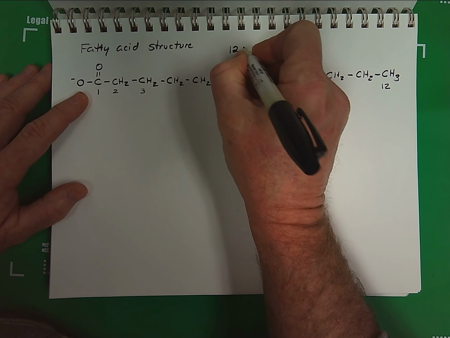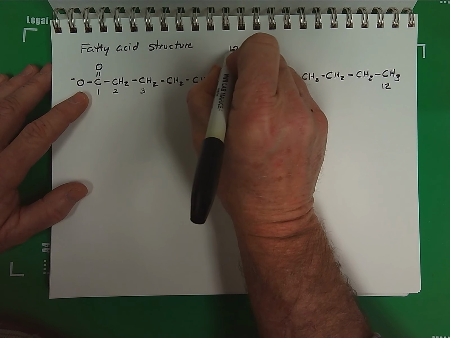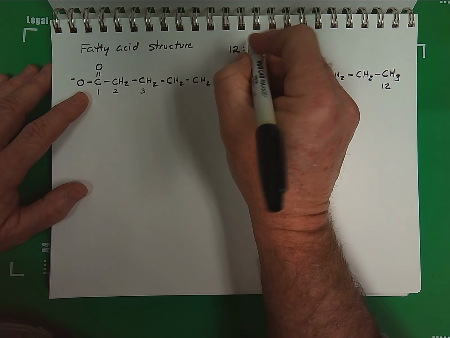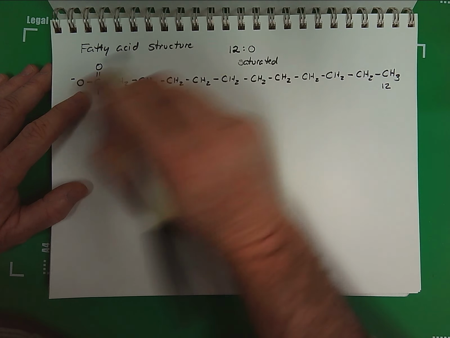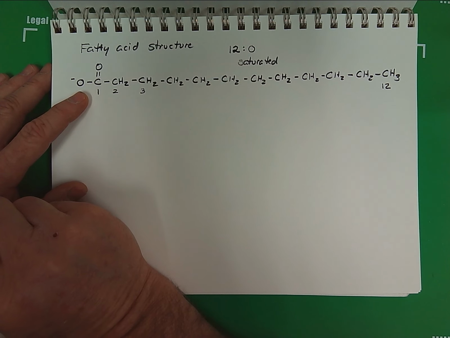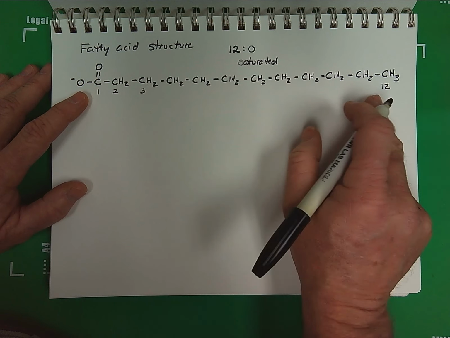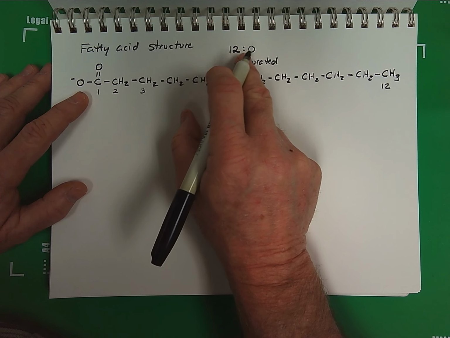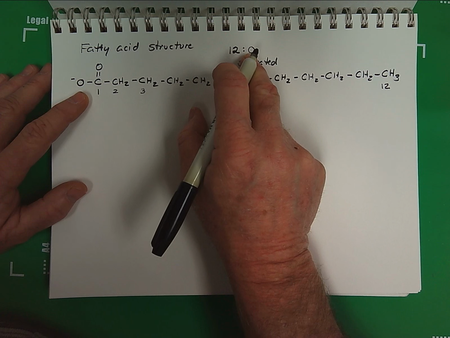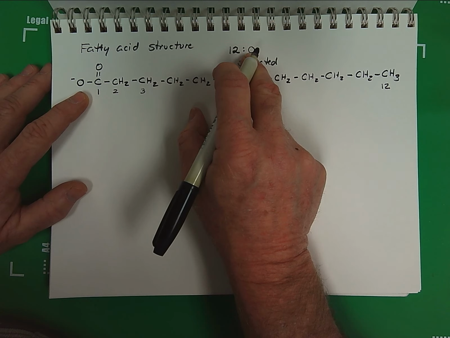So we would indicate this by indicating 12 carbons long, colon, 0. This is the formal name for this particular fatty acid. 12 carbons long, no double bonds, completely saturated.